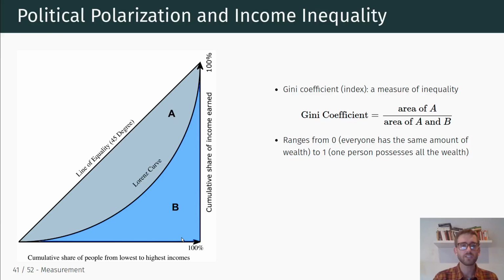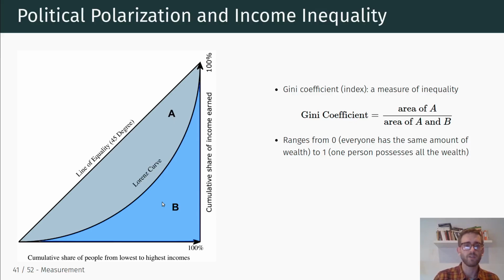The underlying logic is based on this Lorenz curve, which describes the cumulative share of people from the lowest to the highest incomes and the cumulative share of income earned. Suppose you sort all individuals in your population by their share of income, and then plot on the y-axis the cumulative share of all people up to that point.